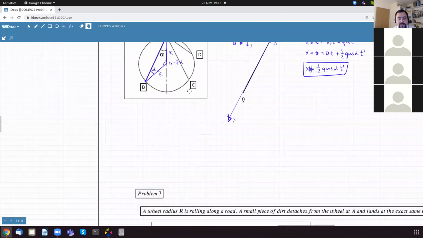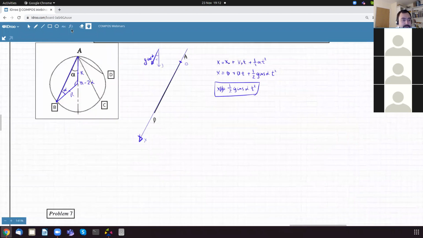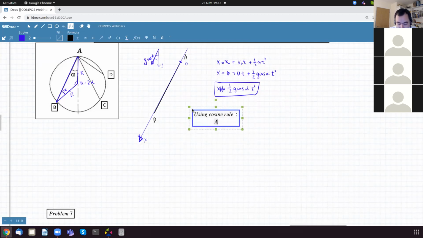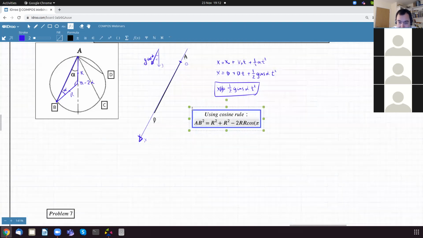So using the cosine rule, we have AB squared is equal to radius squared plus radius squared minus 2 times radius times radius times cosine of pi minus 2 alpha.